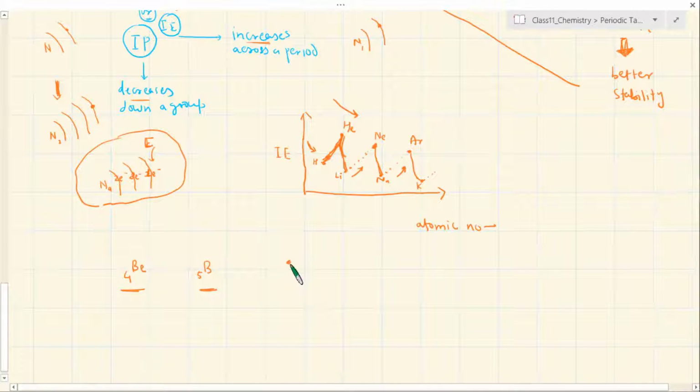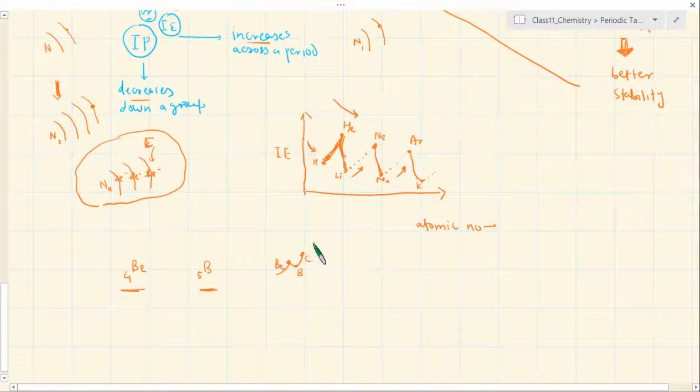Beryllium has a lower atomic number but higher ionization potential. So when we were moving like this, we go down a bit to show boron here, and then we move further: beryllium, boron, then carbon, C6, should come next.